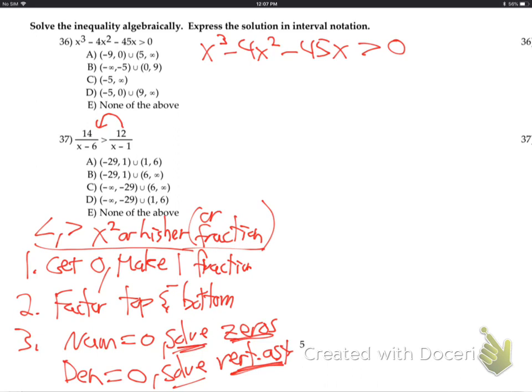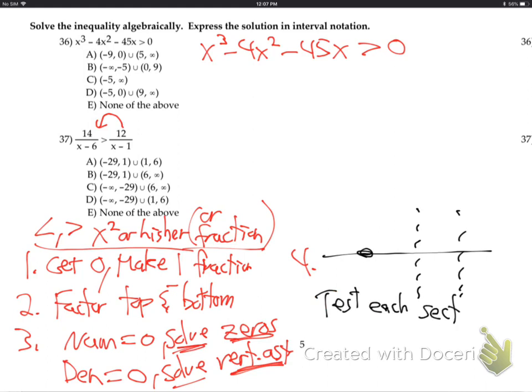And then step 4, I'm kind of out of room here. Step 4 is you'll have like a number line, you'll have boom, you'll have like boom and boom. And then you test each section for positive or negative.